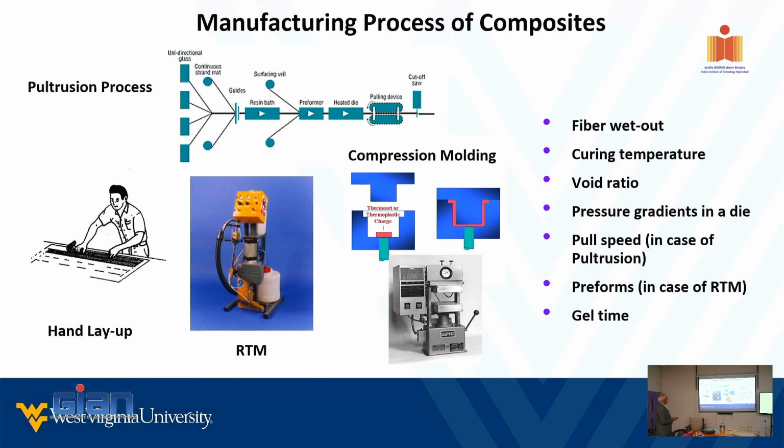So these are batch processes. I already talked a bit about that. RTM means resin transfer molding. A variation of RTM is vacuum assisted resin transfer molding. So for FRP rebars, the preparation process is a linear one. Yes. But sometimes if you want to prepare stirrups, which are not linear, how will the process be different?